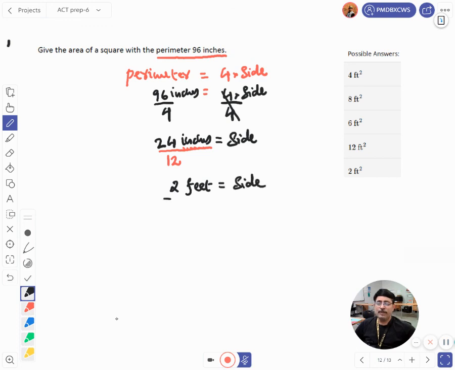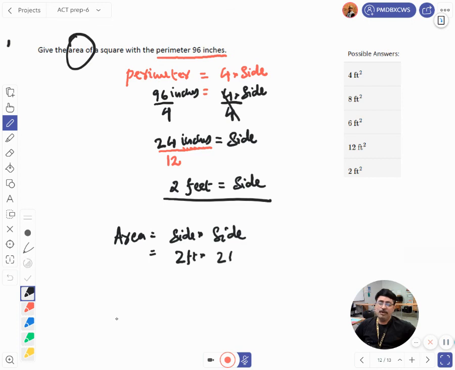How simple. The question is to find the area of a square, which equals side times side. So 2 feet multiplied by 2 feet, 2 times 2 gives me 4 square feet. That's the area.